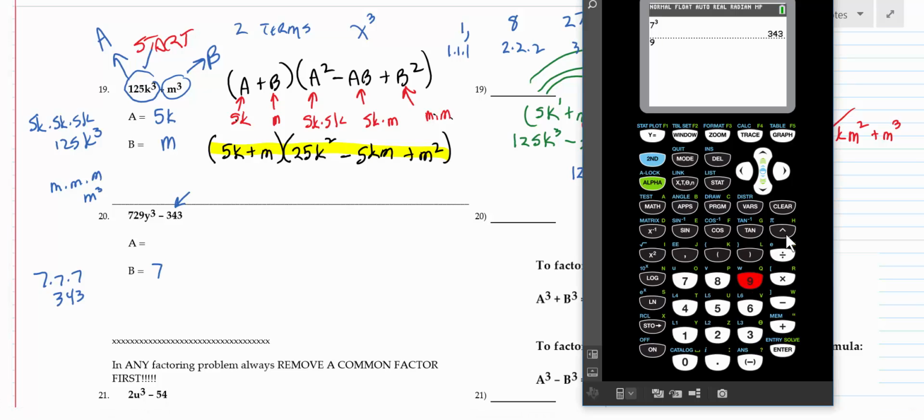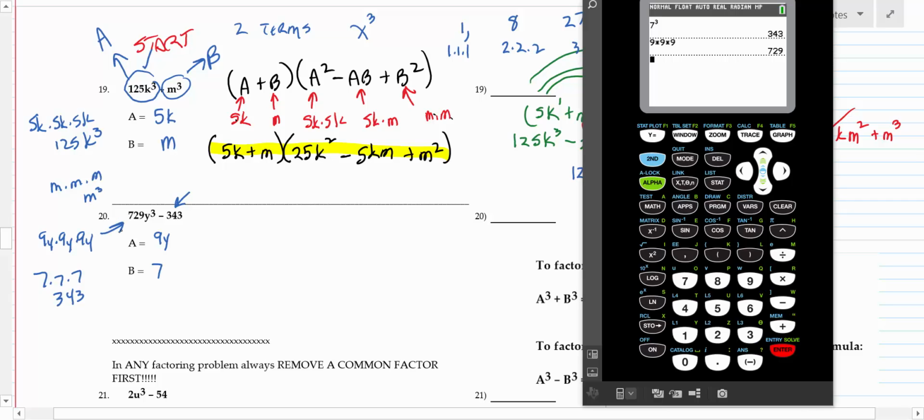So if I go 9 times 9 times 9, or just 9 to the third on your calculator, that's 729. So that means A is going to be 9, but it's also going to be a Y, because 9 times 9Y multiplied out 3 times is going to give that. Okay, is that good? So you use your calculator to help you with that.